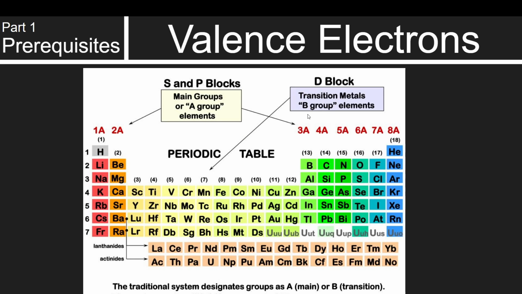The A group being the s and p blocks, while the B group being the d block, the transition metals. So if you take the s and p blocks and do 1A, 2A, 3A, 4A, 5A, 6A, 7A, 8A, as you see here on the chart, in front of the A is how many valence electrons you'll have. So if you see neon right here, 8A, 8 valence electrons, just as we would suspect.